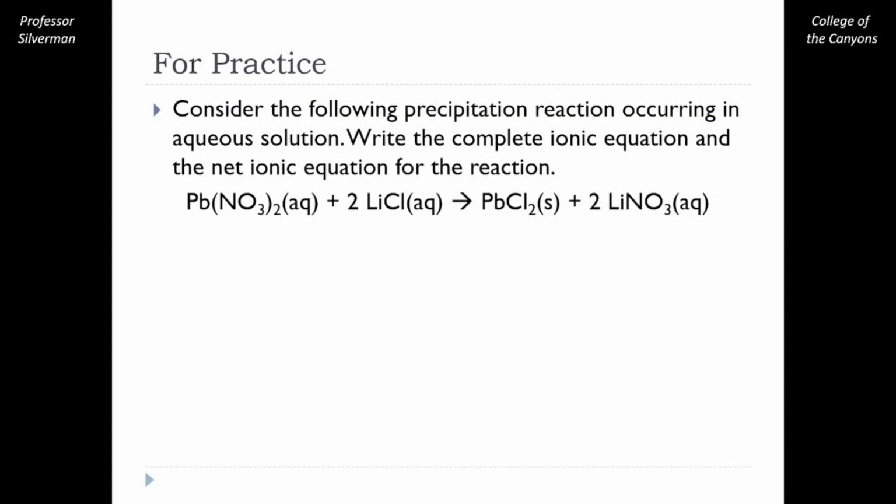Let's run through an example here. If we have Pb(NO3)2, this is aqueous, so let's rewrite it as the individual pieces. When we're doing this, it's important to include the charges. Here we have lead 2, and we have nitrate, which always has a charge of -1. We're reacting with lithium chloride, which again is aqueous, so let's break it up into those individual pieces.